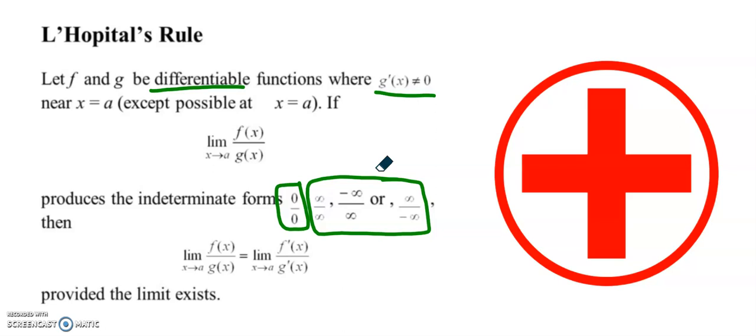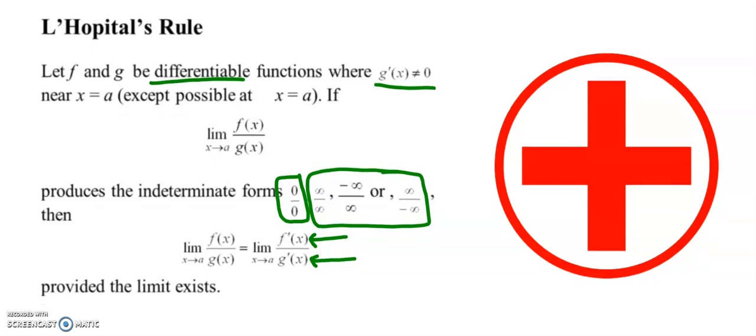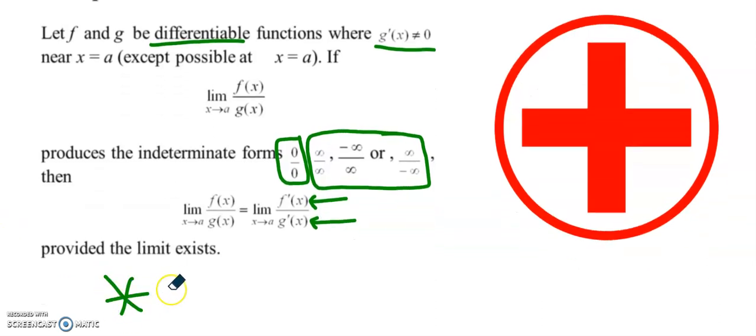We don't know where they're going. Then the limit as x goes to a of f of x over g of x is equal to the limit as x goes to a of the rate of change of f compared with the rate of change of g. Okay, something to note, in your packet it already has it, but this is not the quotient rule.